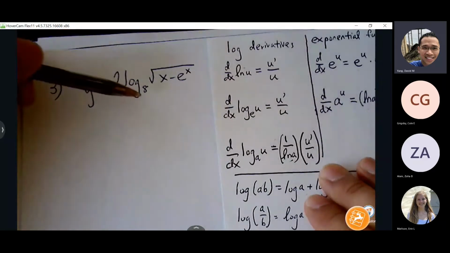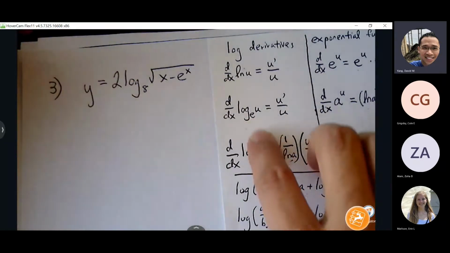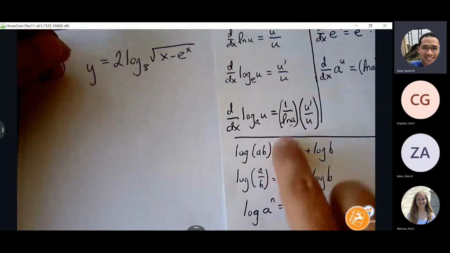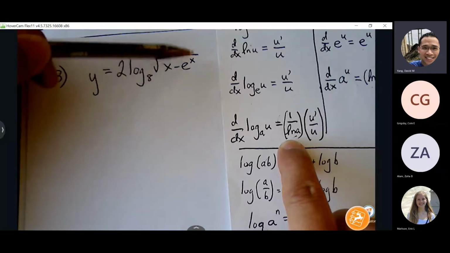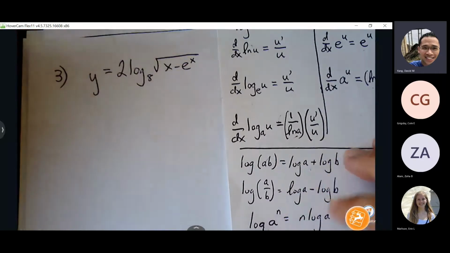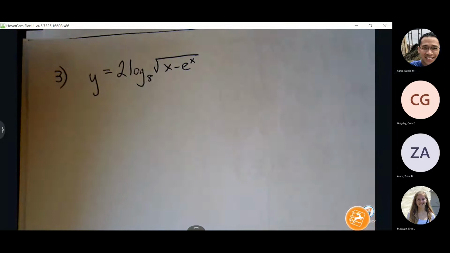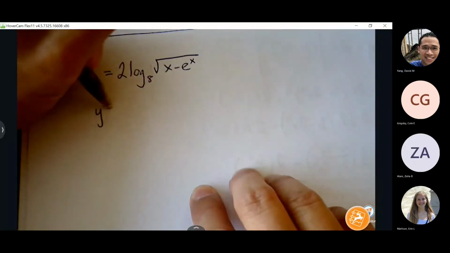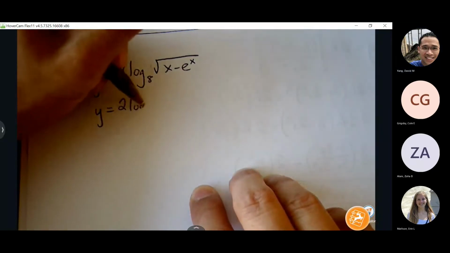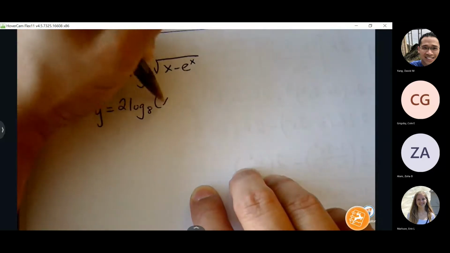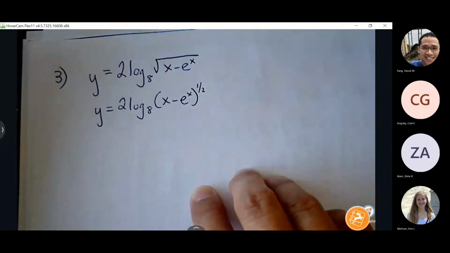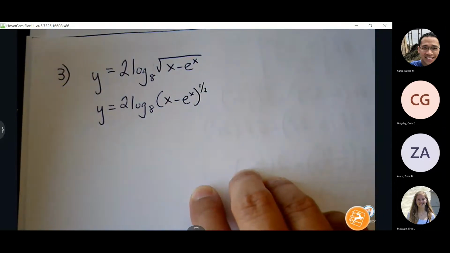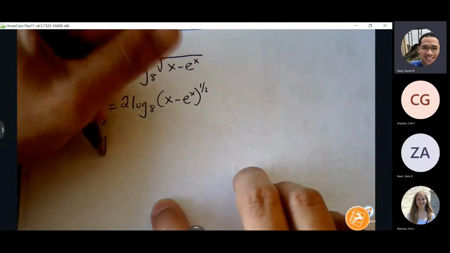This is log base 8. But before we jump into our derivative rule for log base a, I want to see if we can get this cleaned up a little bit. That radical can be converted into a rational exponent. Bring that exponent down in front. So let's do some cleanup first. Okay, push that exponent down in front.